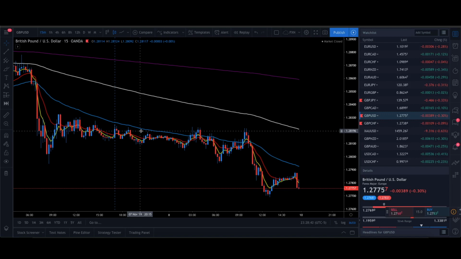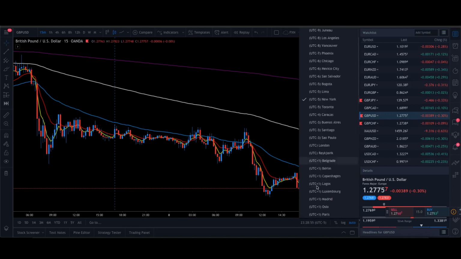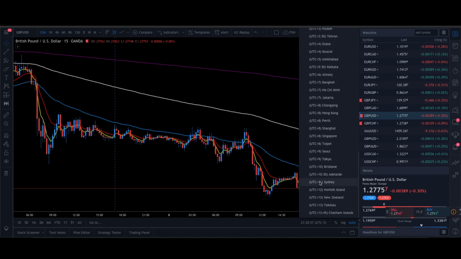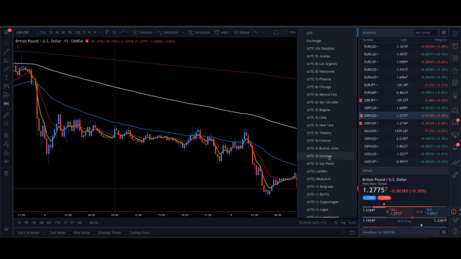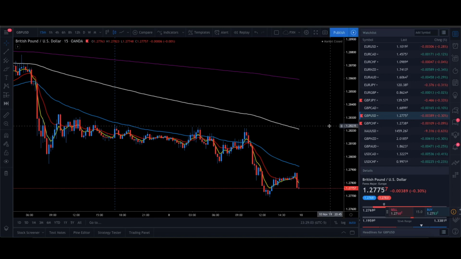The actual boxes will print exactly how they're supposed to print. So don't make this complicated. It's really simple. Literally keep whatever time zone you're in. If you're in Sydney time zone, then put it to Sydney time zone. It's fine. The boxes are going to print where they should print.